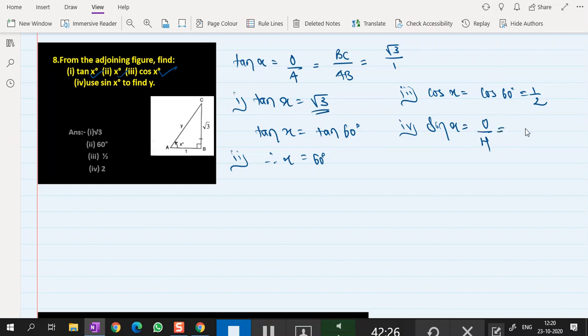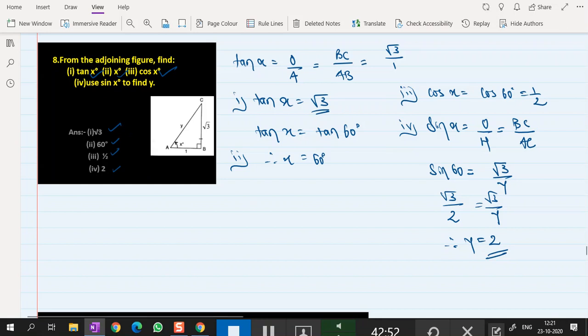So opposite is BC and hypotenuse is AC. x is 60 degrees, so we can write sin 60 is equal to BC upon AC, which is root 3 upon y, and sin 60 is root 3 by 2, so root 3 by 2 is equal to root 3 by y, and therefore y is equal to 2. All the answers are correct. Easy. Let's go to the next question.